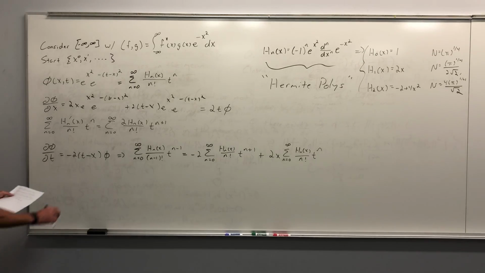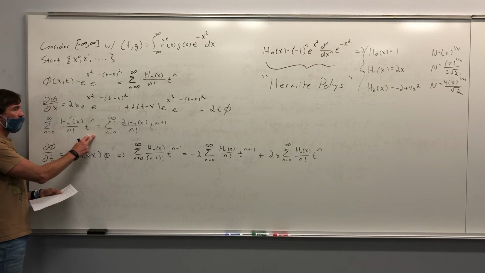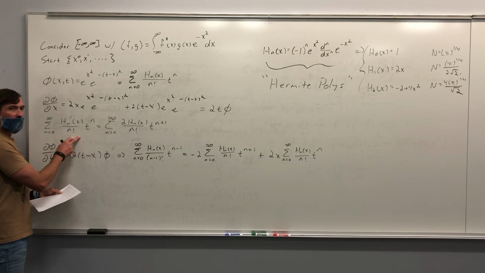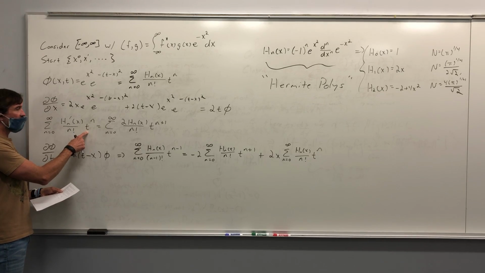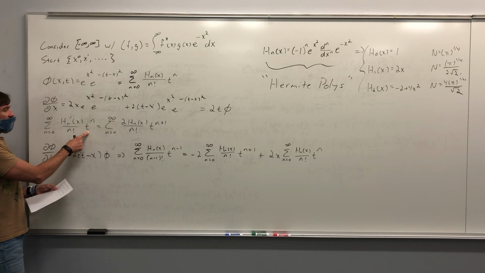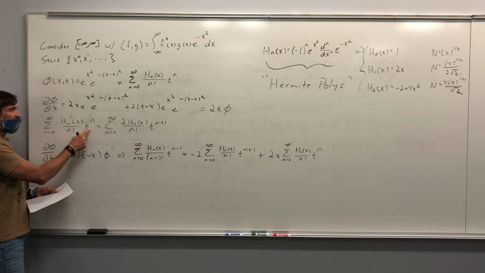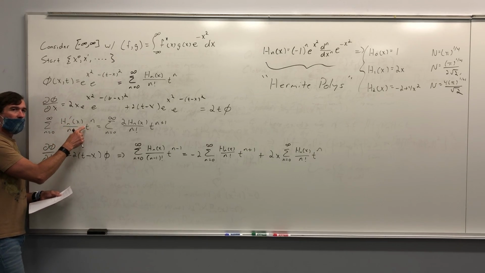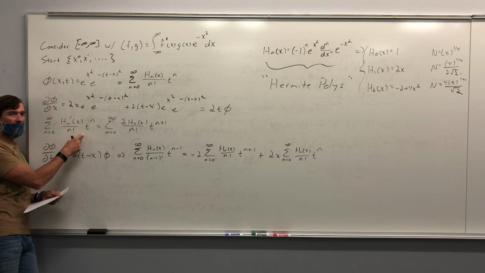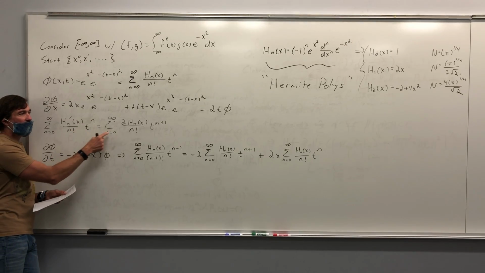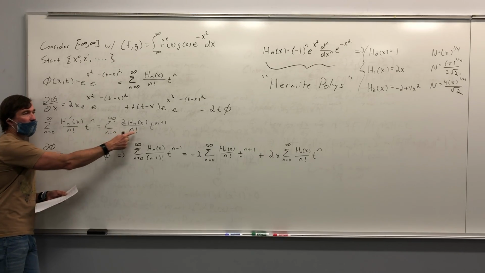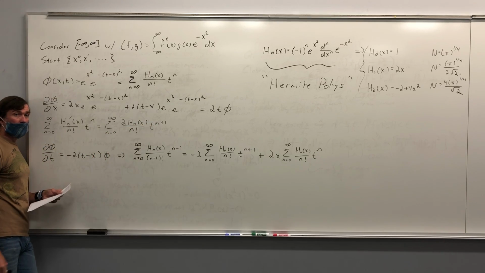Okay, well, let's take this guy. This is the equivalence of two sums, but they're sums over this t to the n. So that means that the term on the left that corresponds to the t squared term has got to be equal to the term on the right, which has got t squared in it.